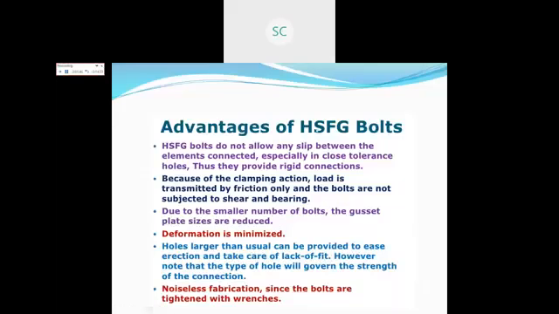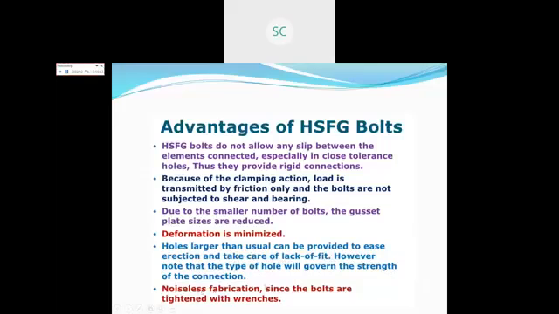By using this high strength friction grip bolt, deformation is minimized. Here, holes larger than usual can be provided to ease erection and take care of lack of fit. However, note that the type of hole will govern the strength of the connection.